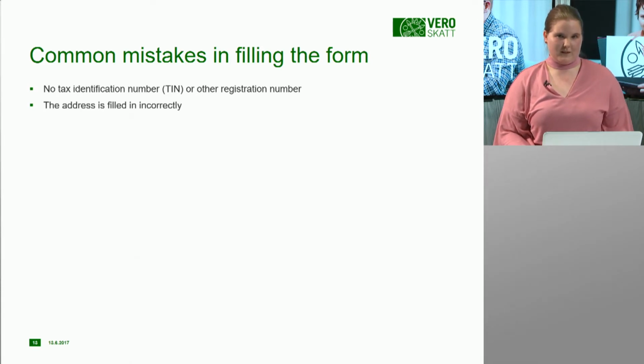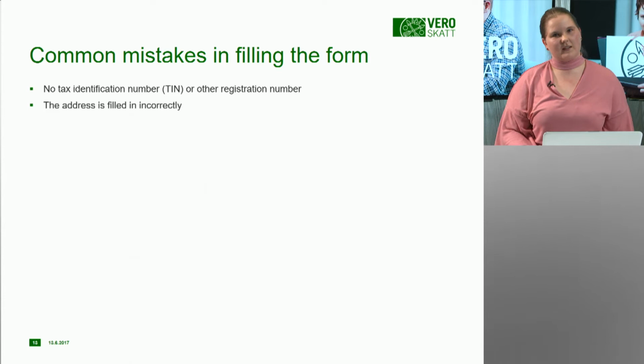Now, this one we see quite a lot, so the address is filled in incorrectly. We understand that different countries have different systems on writing the address, but if you are filling it in incorrectly, that can, of course, lead to decision letters not reaching you or something like that.